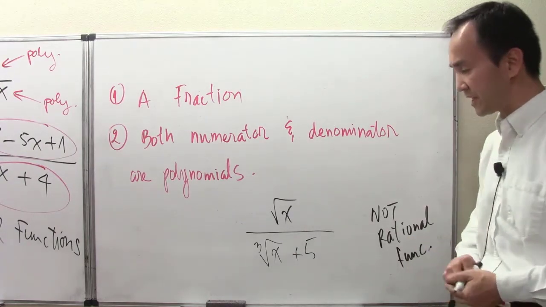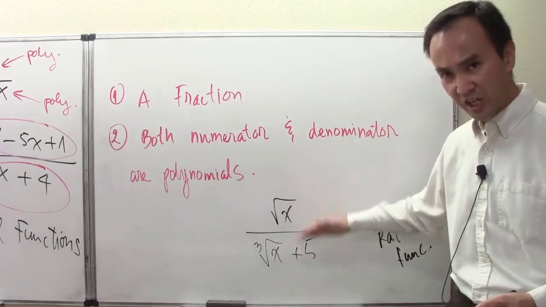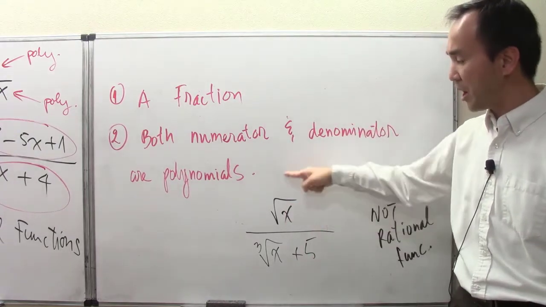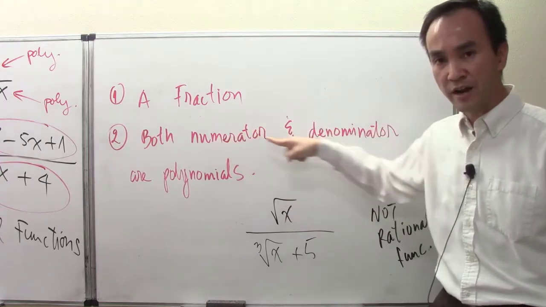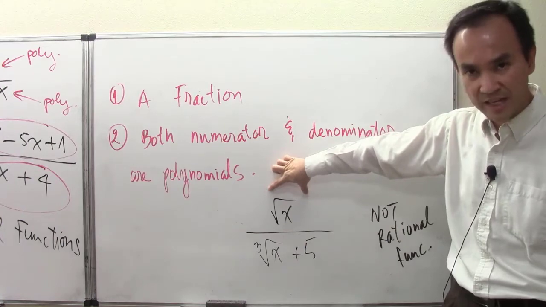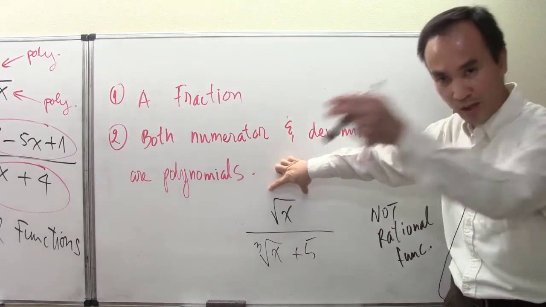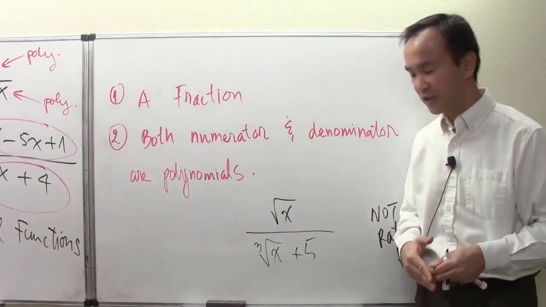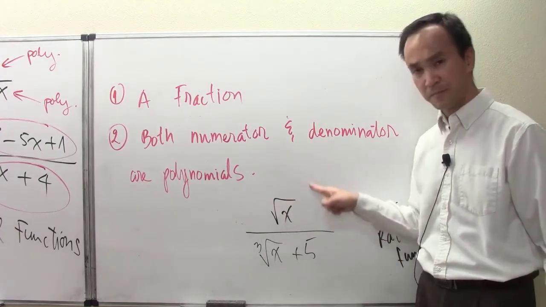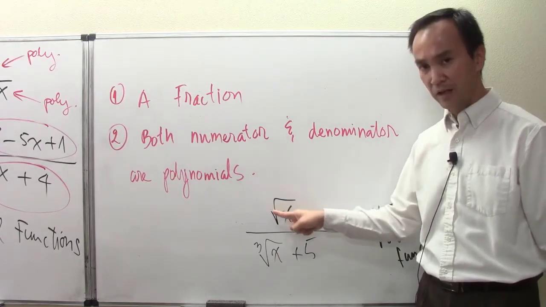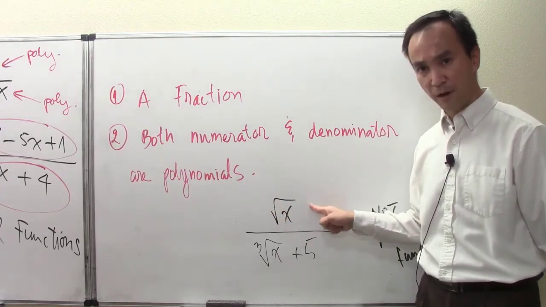So why is that? Let me briefly explain. It has a ratio, that fraction component, admittedly, but it fails to have both numerator and denominator being polynomial. As a matter of fact, the square root of x was not classified. According to my logical reasoning back in the polynomial lecture, this function is a power function, but it's not a polynomial.